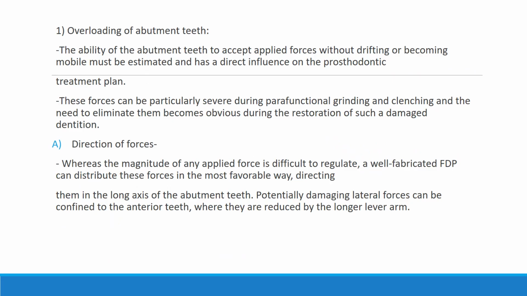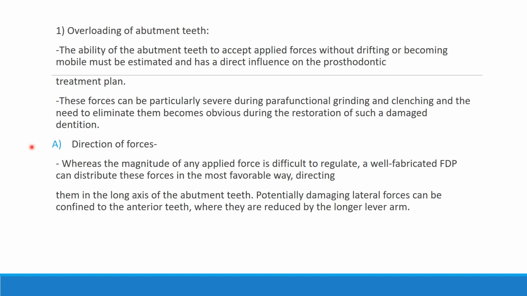Okay, so here, overloading of the abutment teeth. If you do an overloading, there will be drifting and there will be a lot of issues. Particularly in parafunctional clenching habits, it will probably damage the dentition.